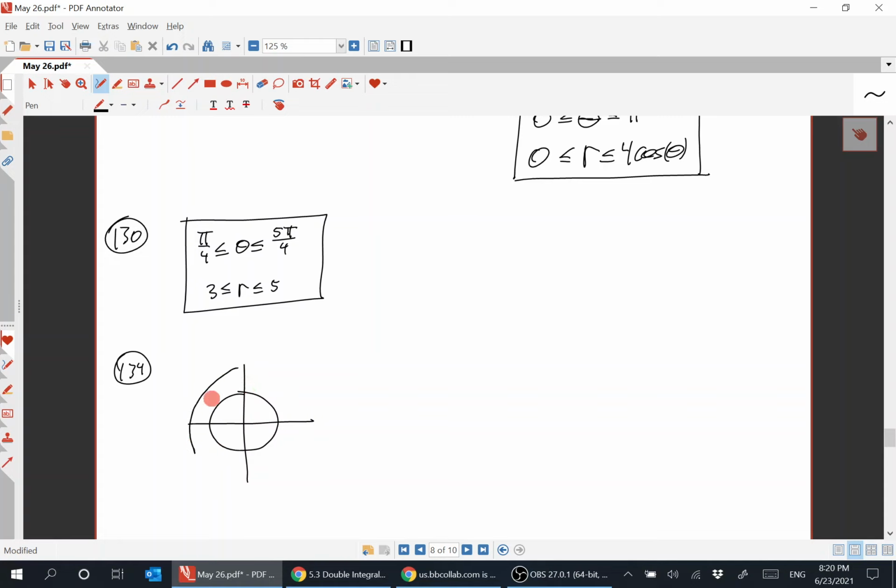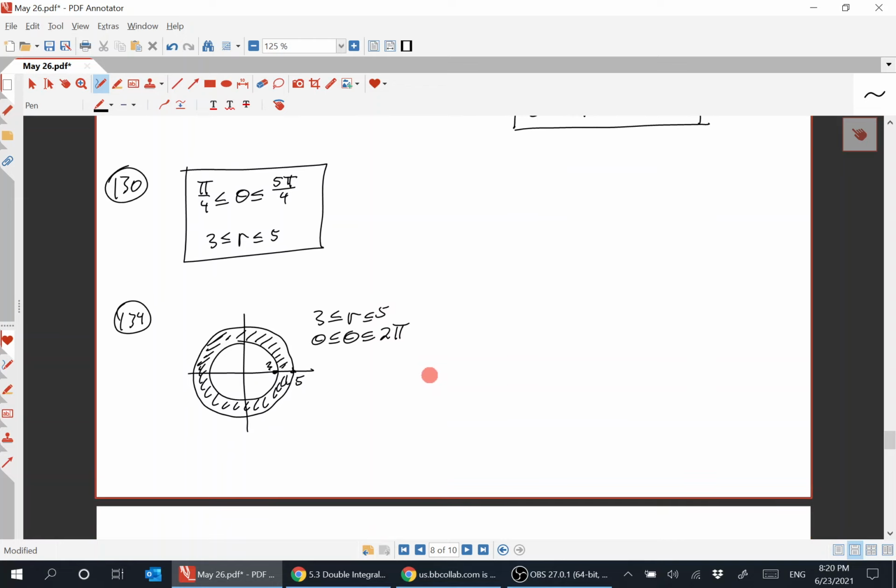That is awful. So this is 3, that's 5, and we're doing the whole ring there. So 0 less than or equal to theta less than or equal to 2 pi, and r between 3 and 5. And we're looking at the double integral over D of x squared plus y squared dA.